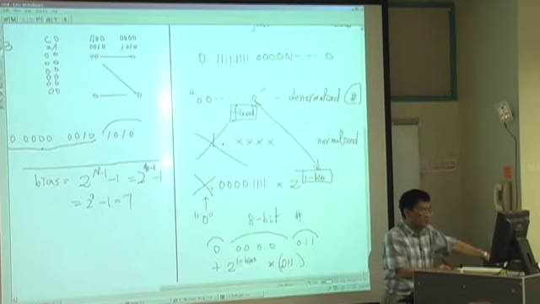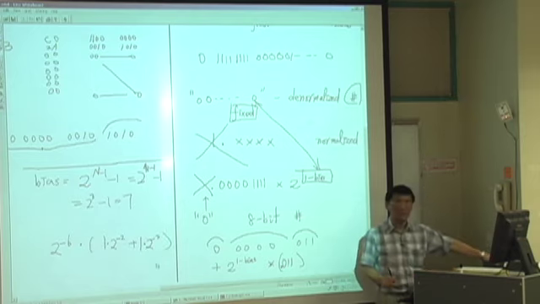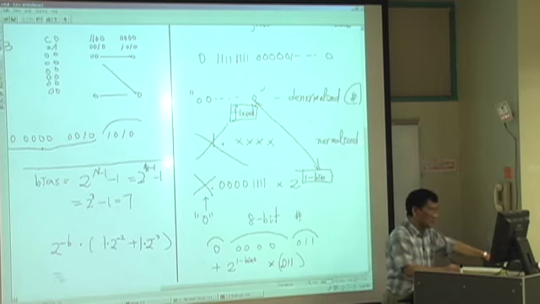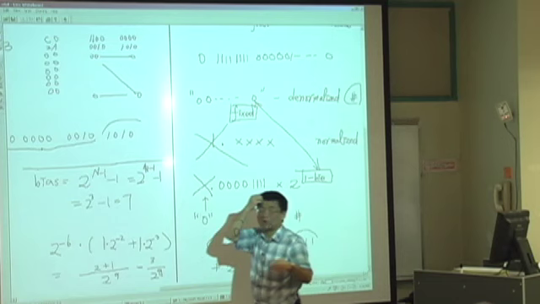So bias is 7. So 2 to the power of minus 6 multiplied by this thing. This thing is 1 times 2 to the power of negative 2 plus 1 times 2 to the power of negative 3. If we extract the common denominator, it is 2 plus 1, so 3 over 2 to the power of 9 is the value represented by this denormalized expression.